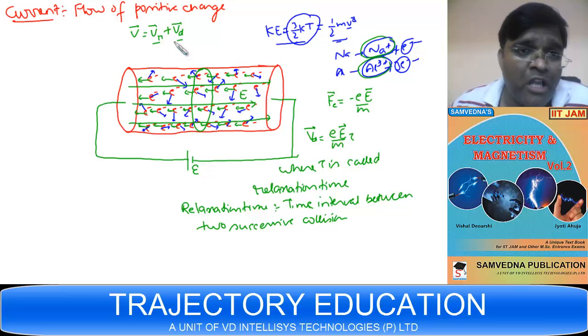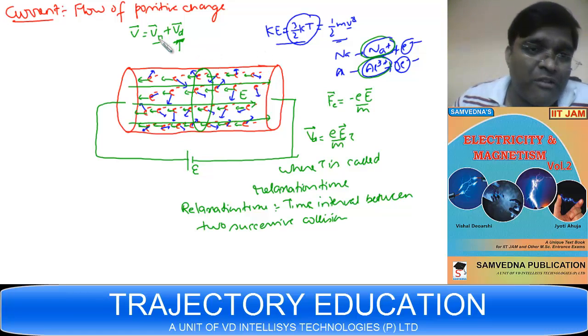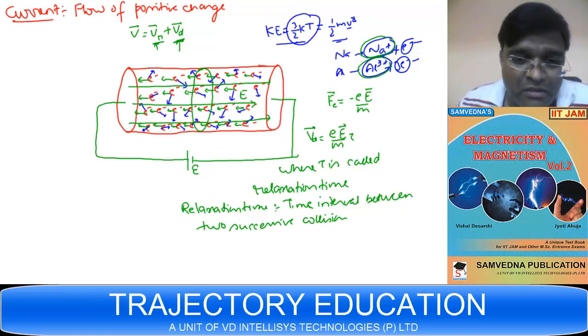It will be only the drift component which will contribute to the motion of the electronic system as a whole. So in the current, it's only Vd which will contribute and not VR. VR was earlier also not contributing anything. Now also it won't contribute. So Vd contributes to the current.